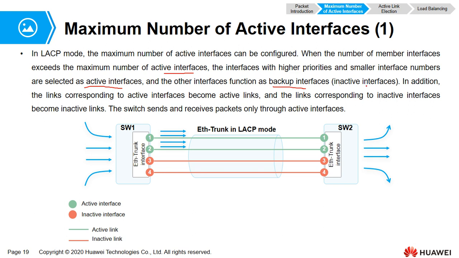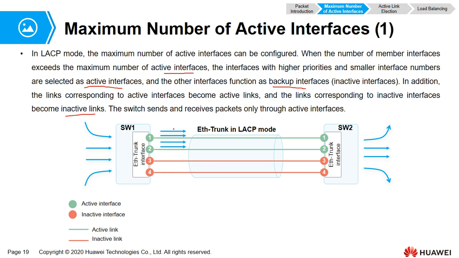In addition, the links corresponding to active interfaces become active links, and the links corresponding to inactive interfaces become inactive links. The switch sends and receives packets only through active interfaces.